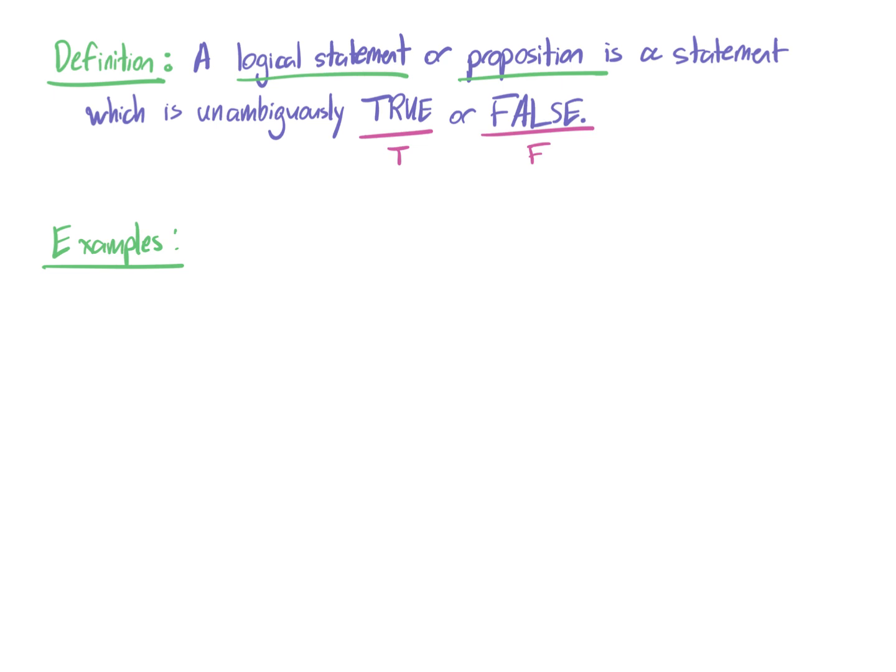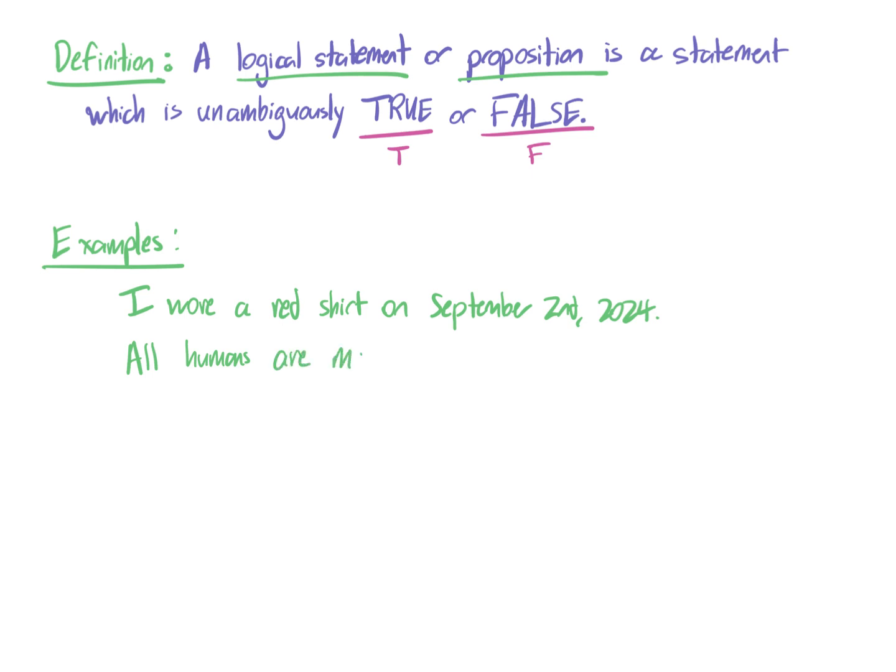So here's one example. I wore a red shirt on September 2nd, 2024. Here's another one. All humans are mammals.